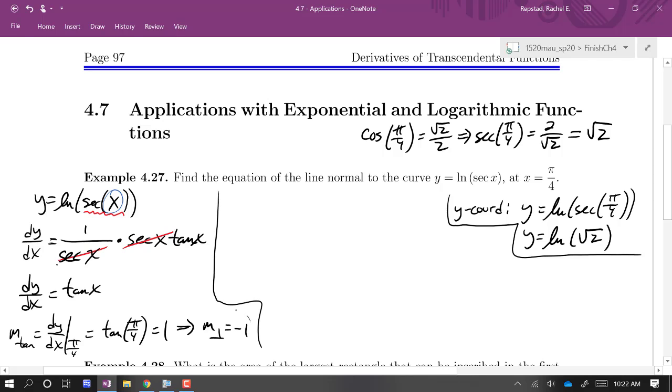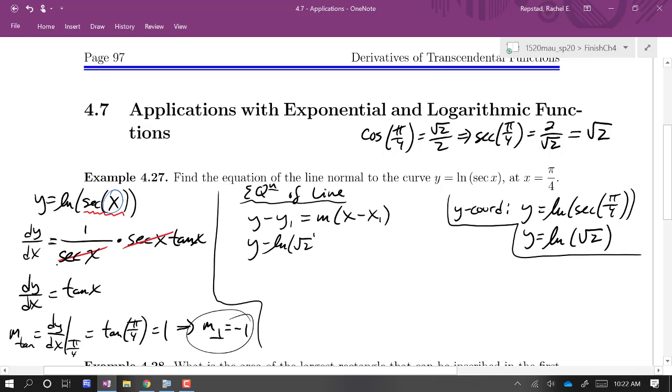Now we have our slope, we have our point, so we're going to find the equation of the line. y minus y1 equals m times x minus x1. So this is y minus ln root 2 is equal to -1 times x minus pi over 4. There's the point slope form.